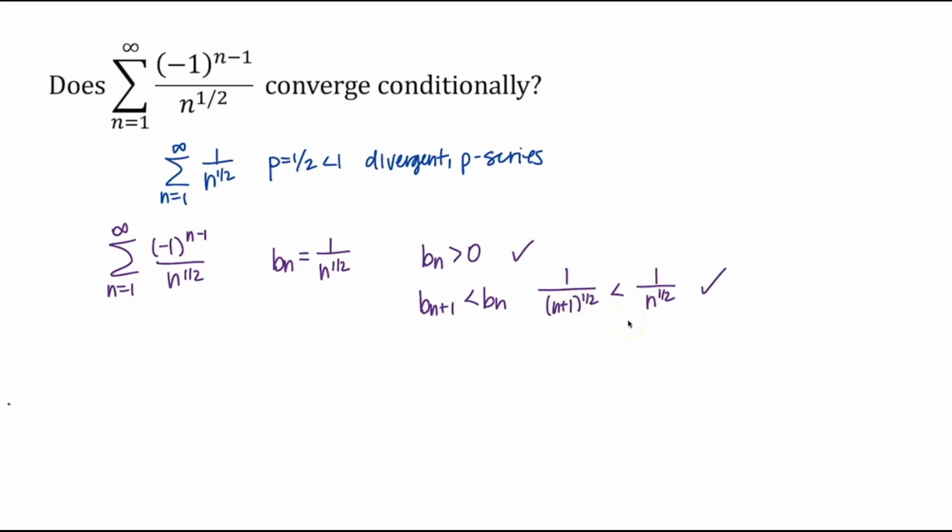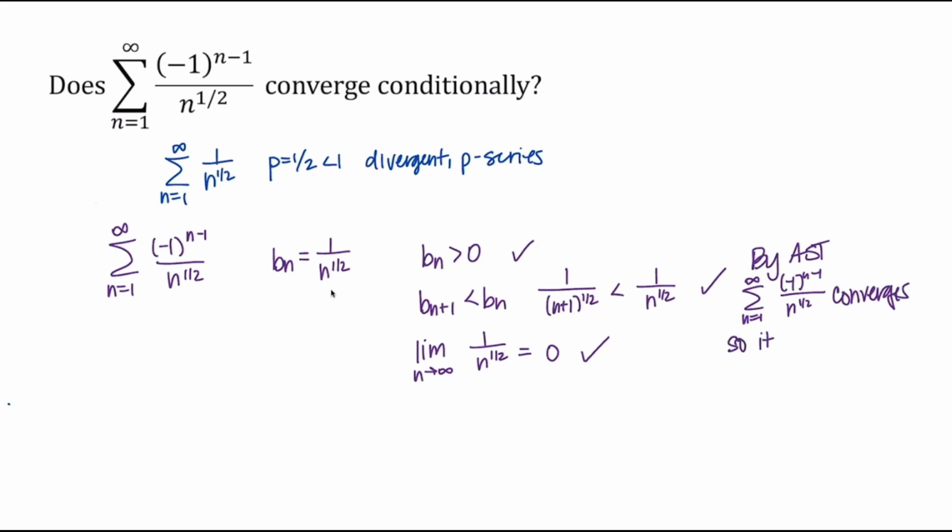So yes, and then the limit as n approaches infinity of 1 over n to the 1/2, does that equal 0? Yes, it does. So we can go ahead and conclude by the alternating series test, the sum of n equals 1 to infinity of -1 to the n minus 1 over n to the 1/2 converges.